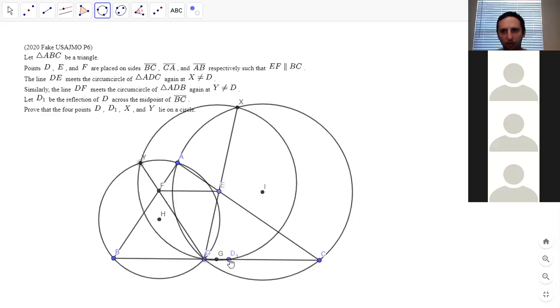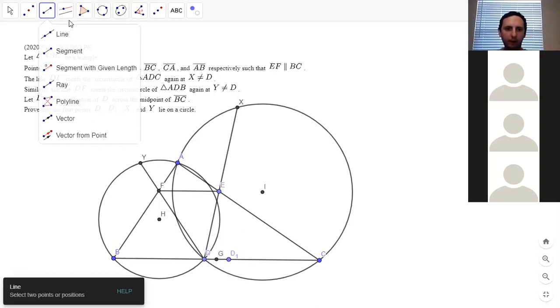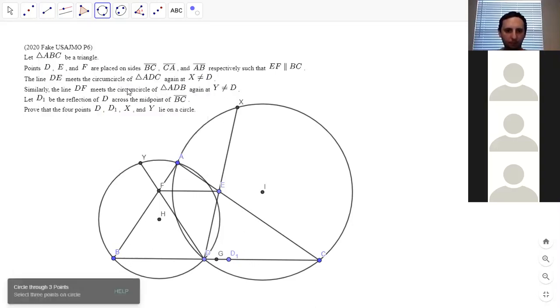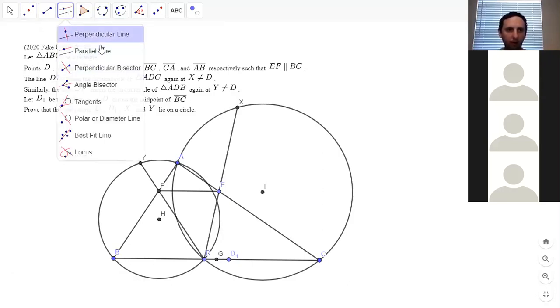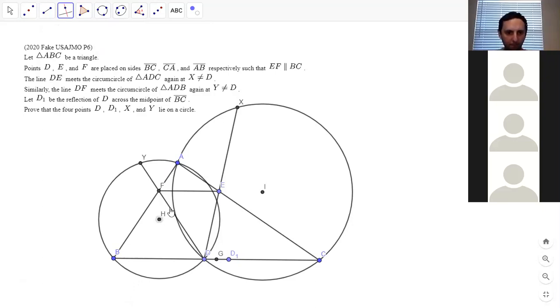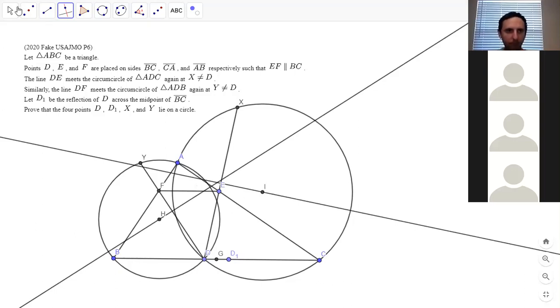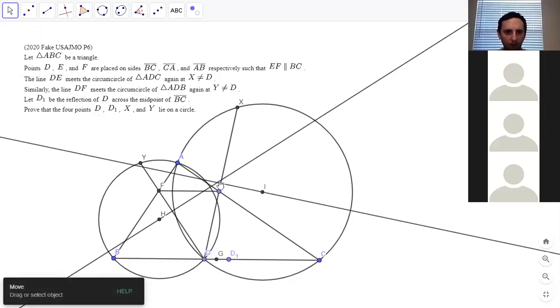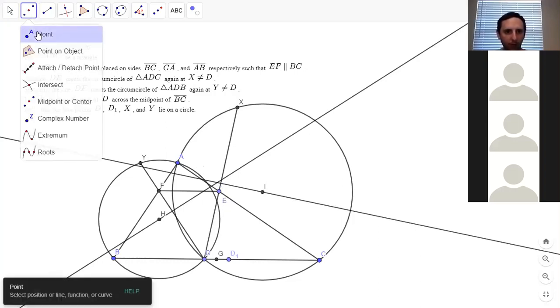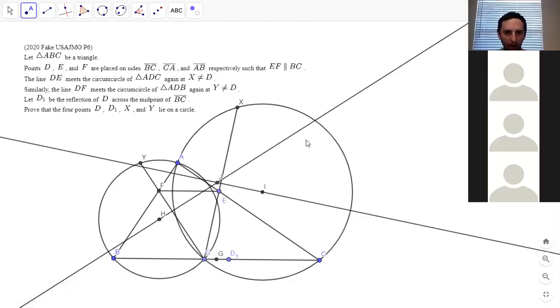But if it was, and I let the perpendicular bisectors of DY and DX meet at a point, so yeah, like the circumcenter of DXY. I'll just do it like this. So this point right here is the circumcenter of DXY.